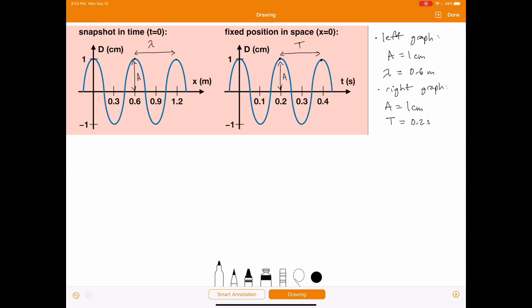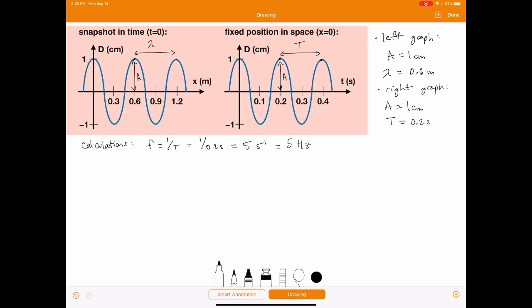Okay, now for some calculations. First thing we'll note is that the frequency of the wave is 1 over the period, so 1 over T. We have 1 over 0.2 seconds. That comes out to 5 seconds inverse, or we could say 5 hertz.